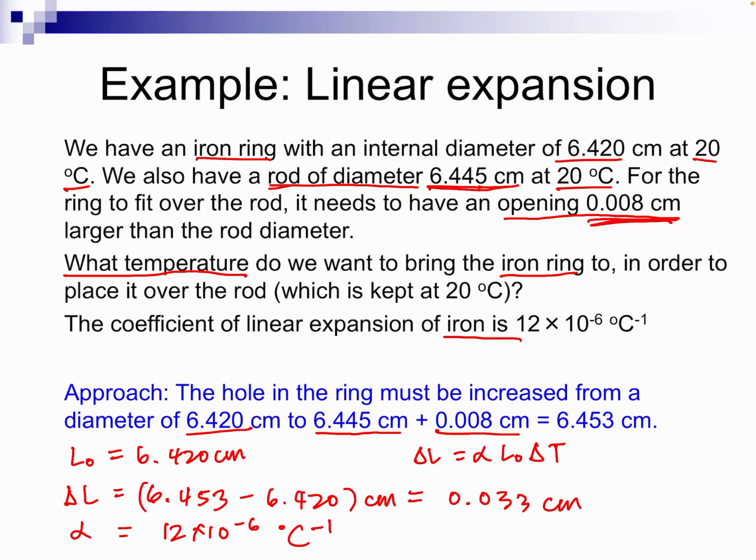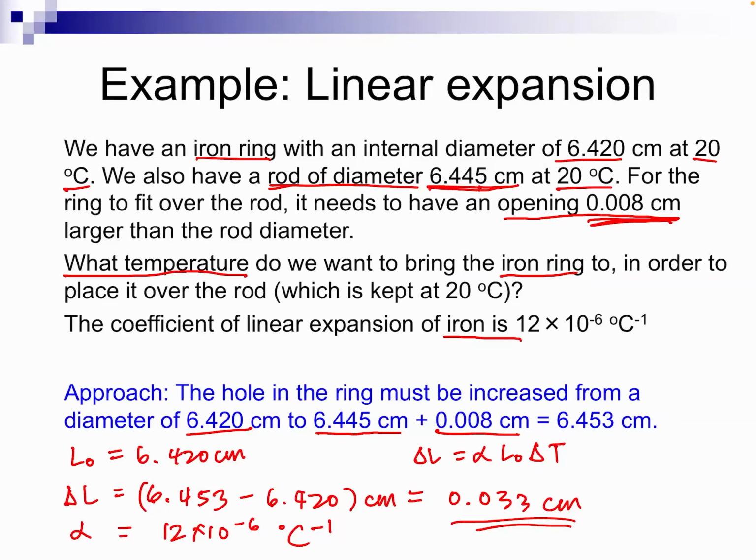We have the change in length, we have alpha, and the original length, L0, which is the original diameter. We can then calculate what the change in temperature should be in order to have this change in length.